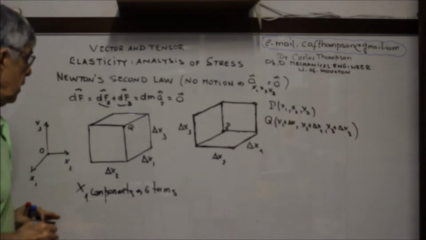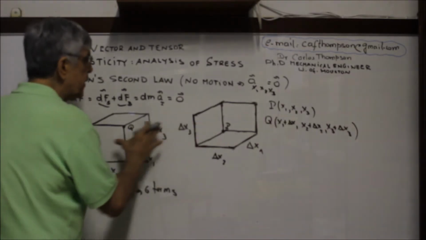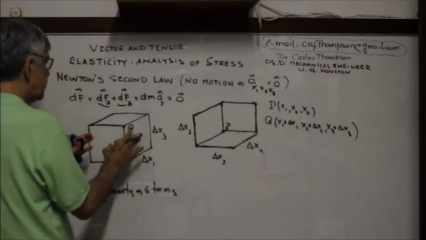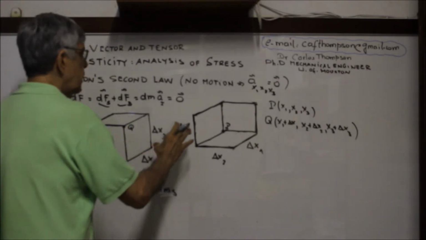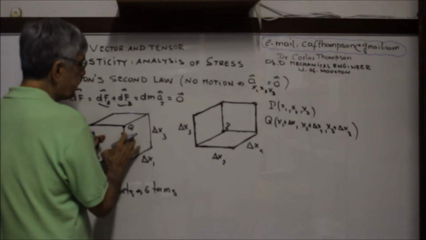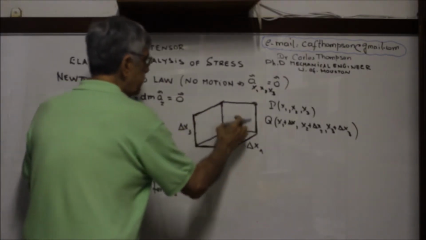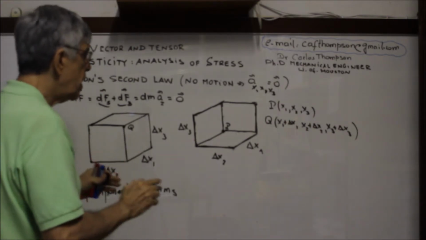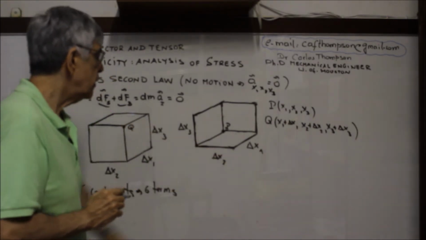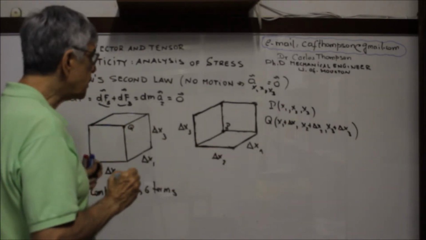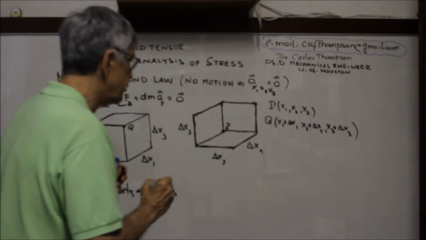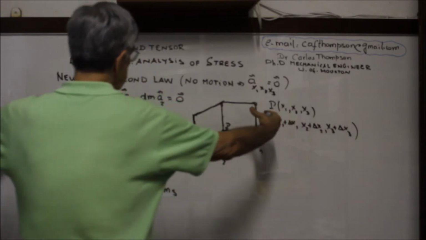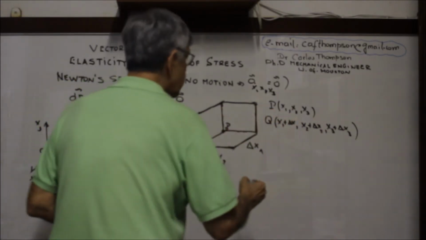Now, for you to understand the picture, I split this element into faces: this is the front surface, this is the back surface. I will draw this element here for you to understand what I'm going to do.